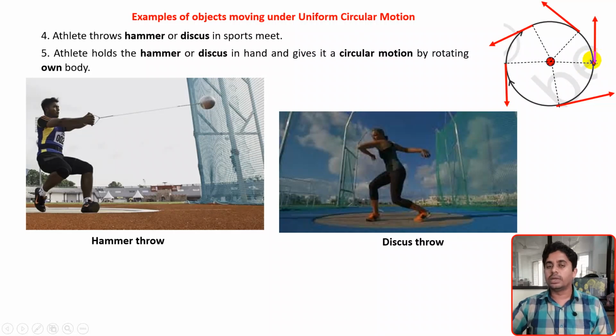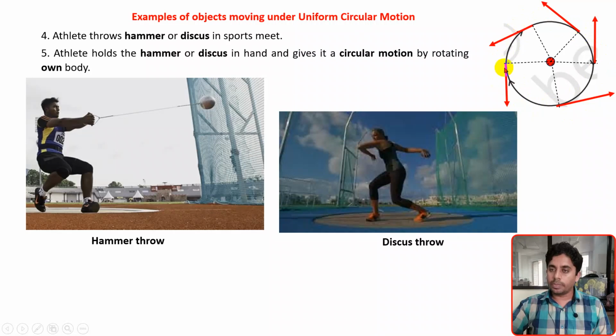And then that spherical ball or disc will move in this particular direction. If at this position they release it, it will move in this direction. If at this position they release it, it will move in this direction. If you observe, this direction is tangential to this circular path.